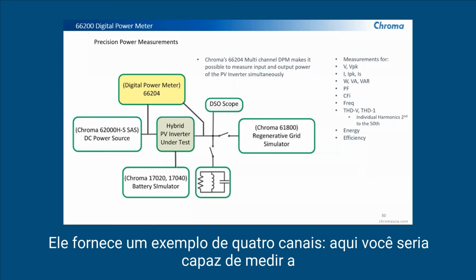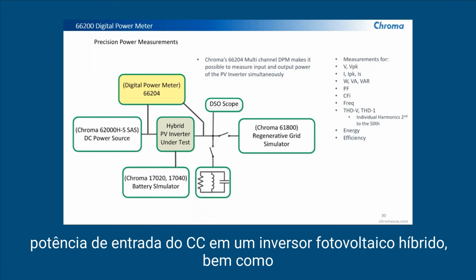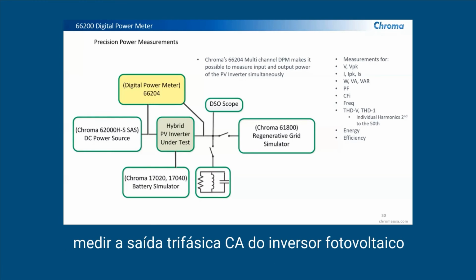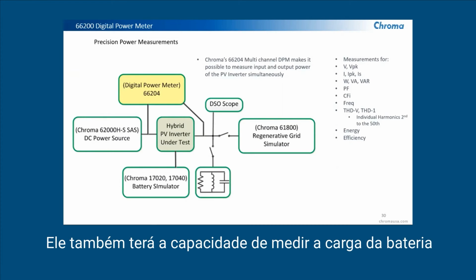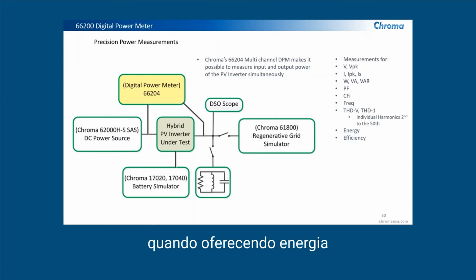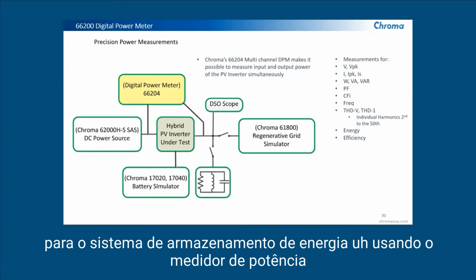As an example here, you'd be able to measure the DC input power to a hybrid PV inverter, as well as measure the three-phase AC output of the PV inverter. It'll also give you the ability to measure the battery charge and the battery power supplied back from the energy storage system by using the power meter.